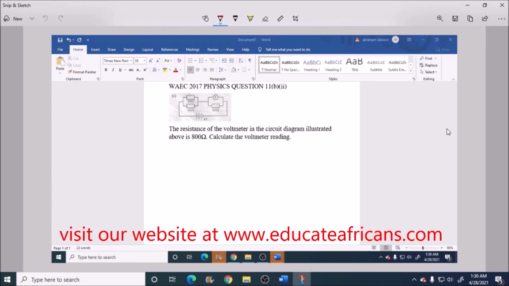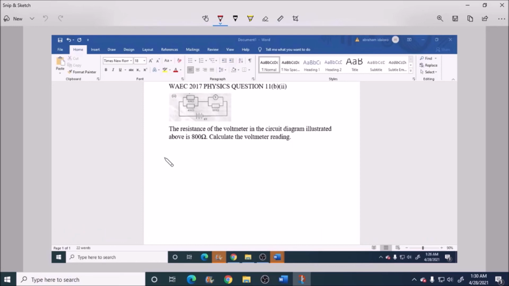So we have 1 over R is equal to 1 over 400 plus 1 over 400. That is for resistors that are connected in parallel. This will be R1 equal to 200 ohms.